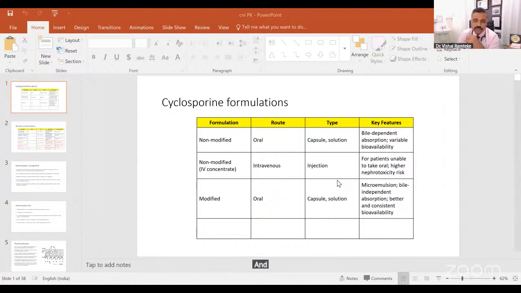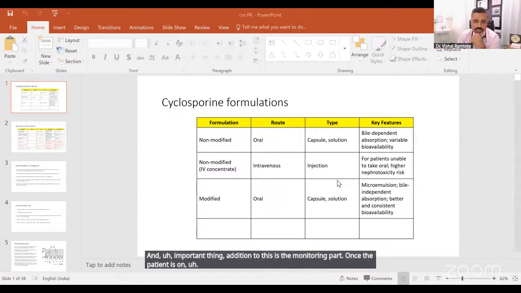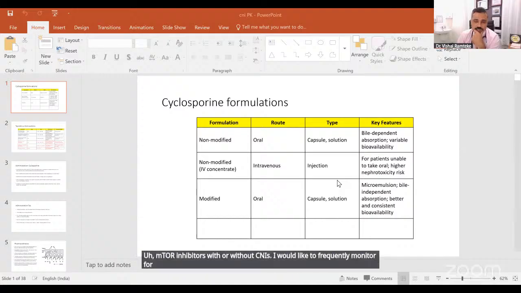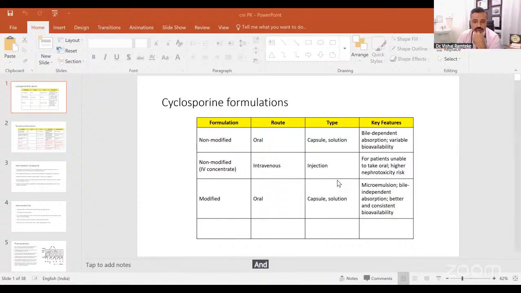An important addition to this is the monitoring part. Once the patient is on mTOR inhibitors with or without CNIs, I would like to frequently monitor the kidney function, the proteinuria, the cytopenias, and the trough level also I would like to check frequently. So it's never a simple thing.